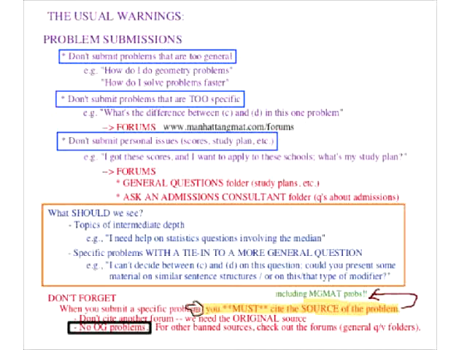So if you want to know where the list of banned sources is, check out the forums. On top of each of the general quant and general verbal folders, you'll find a list of sources that we're not allowed to use on the forums, and those same sources we are not allowed to use in the study hall. So make sure you are aware.